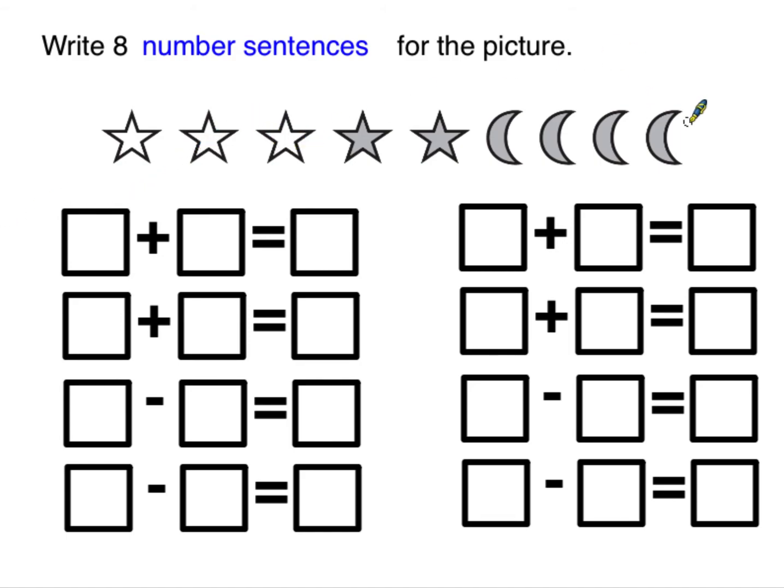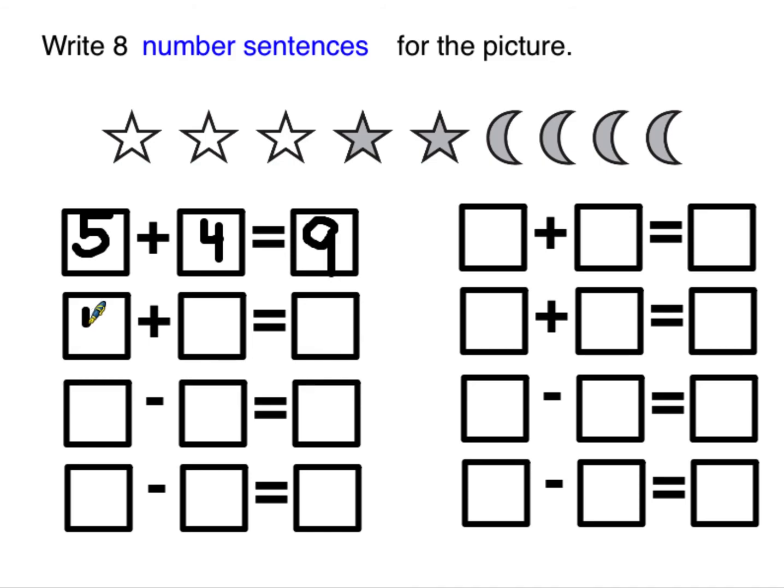Can you do all 8? You're going to have to pause me because I'm going to start with stars and moons. So 1, 2, 3, 4, 5, 6, 7, 8, 9. 5 stars and 4 moons is 9 shapes altogether.